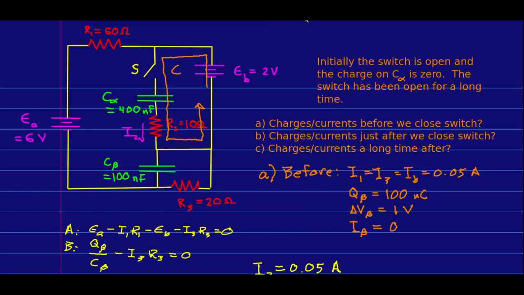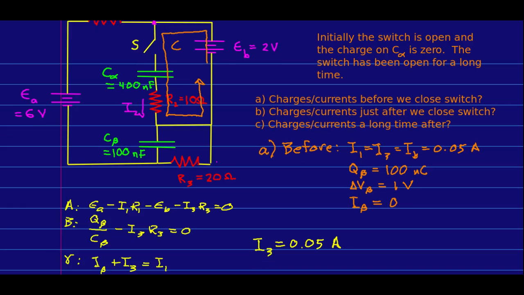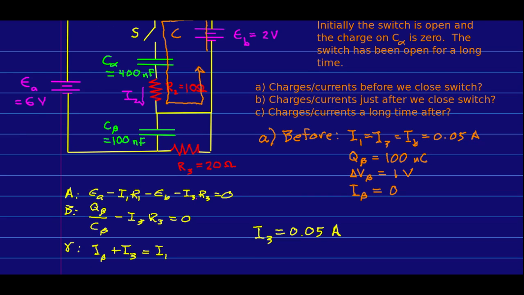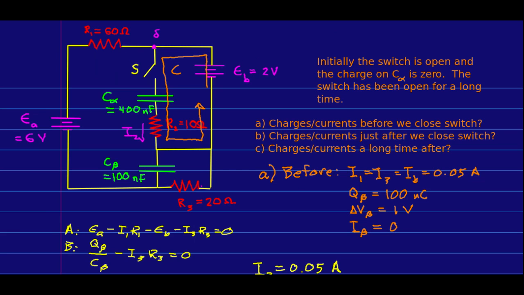I could now go on to do something like junction delta. And since I now know I2, and I can easily see that since I3 hasn't changed, neither has I1, I know I3, and I know I1, and I know I2.